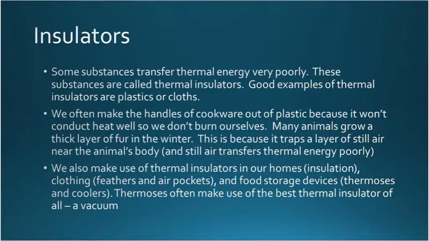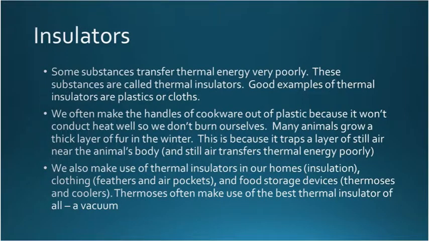Some substances transfer thermal energy very poorly. These substances are called thermal insulators. Good examples of thermal insulators are plastics or cloths. We often make the handles of cookware out of plastic because it won't conduct heat well, so we won't burn ourselves. Many animals grow a thick layer of fur in the winter.